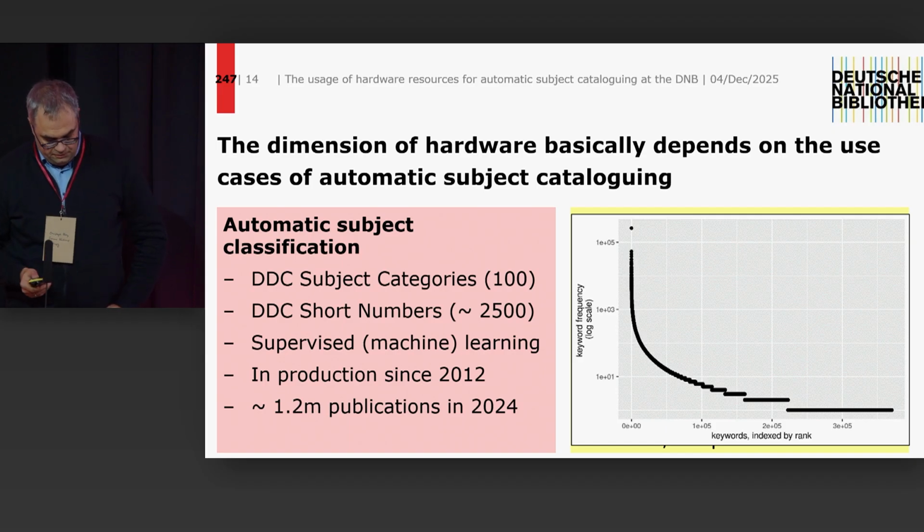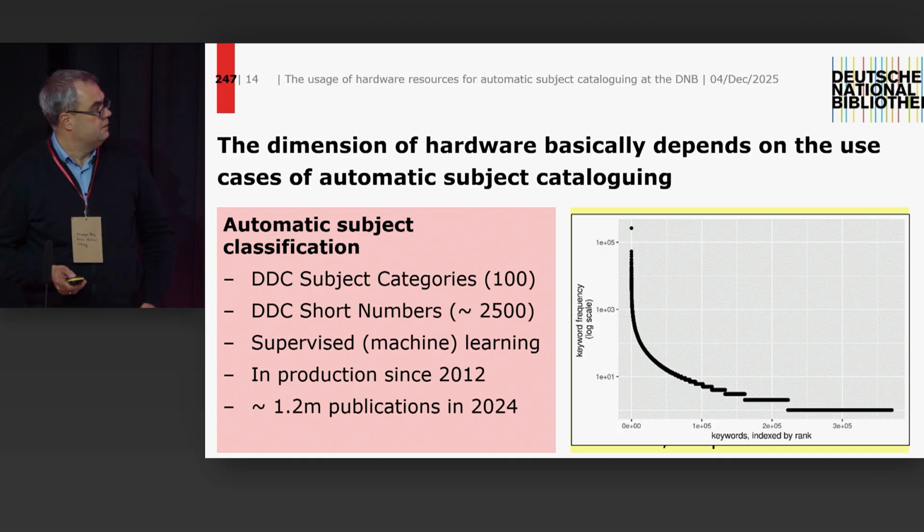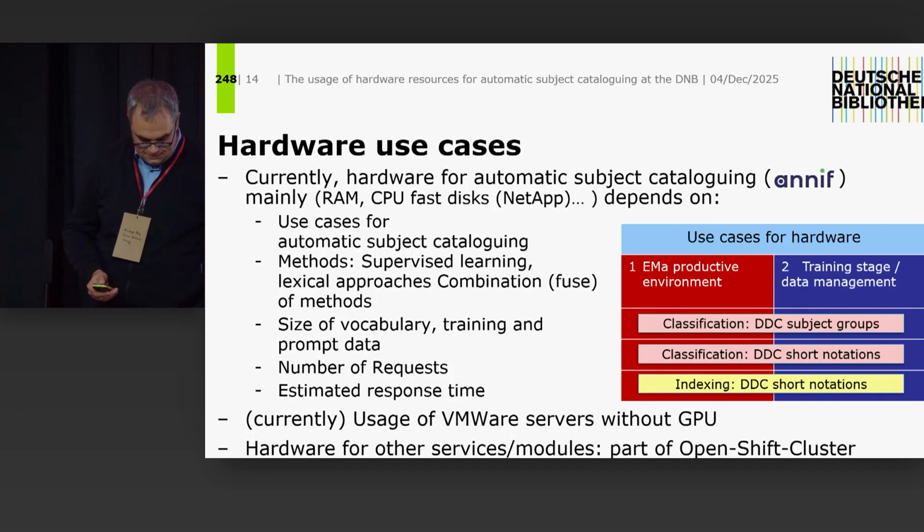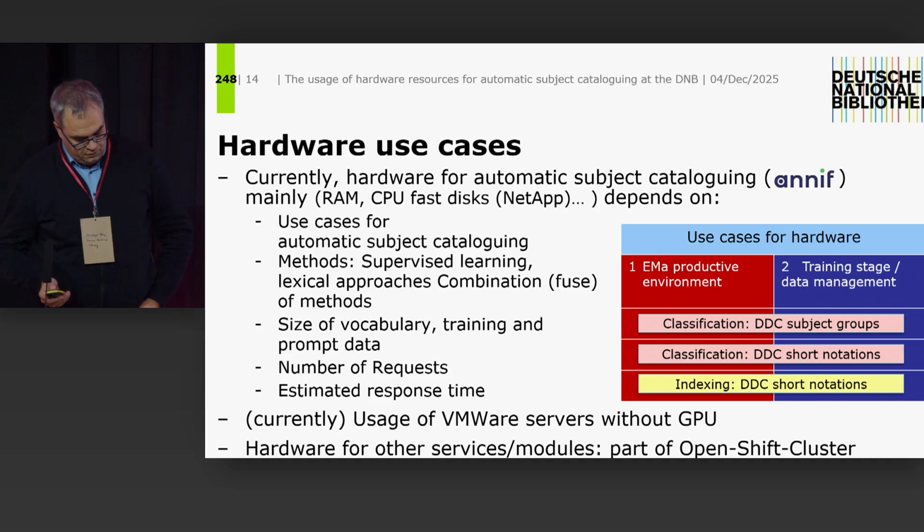In order to cope with it, we work in production mode with supervised machine learning methods in combination with the lexical approach MLLM, the Maui-like lexical method. Now we come to the hardware. And the hardware use cases completely differ in their requirements. Of course, they depend on the use cases for automatic subject cataloging.